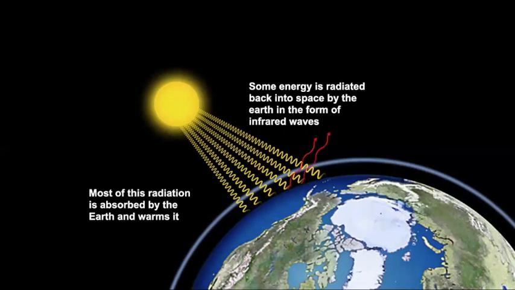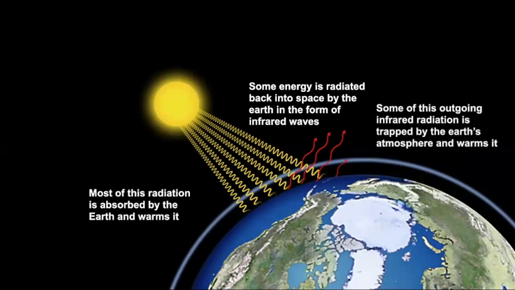Now, some of the energy is radiated back into space by the Earth in the form of infrared waves. And this is good because we don't want too much of infrared rays on planet Earth. Now, some of the outgoing infrared radiation is trapped by the Earth's atmosphere and it warms it. This warming of planet Earth by the trapping of the infrared radiation is what is called global warming.